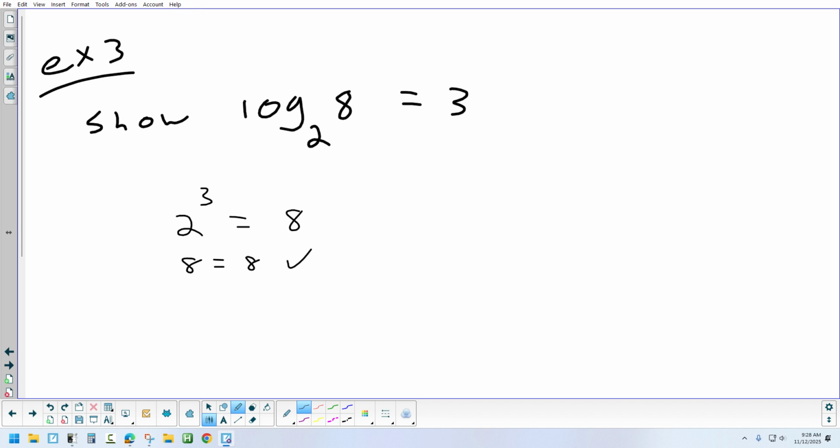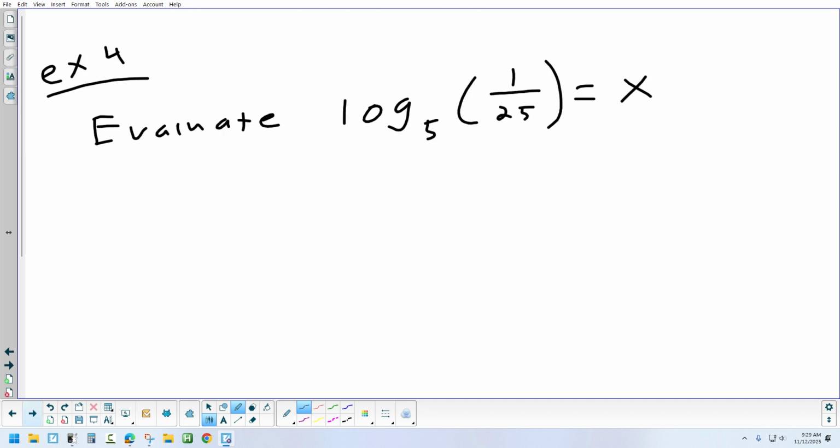What this is basically saying when you read that is: 2 to what power gives you 8? And the answer is 3. Now, that one we could figure out, even if I threw a variable in there for this side, because 8 is a power of 2. But if that 8 was a 7, then we need to talk about how to figure that out. So we'll eventually talk about that.